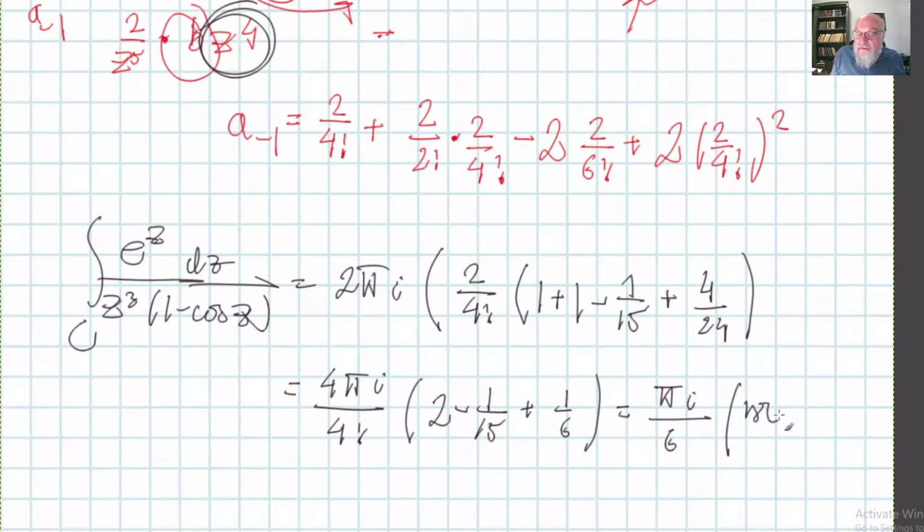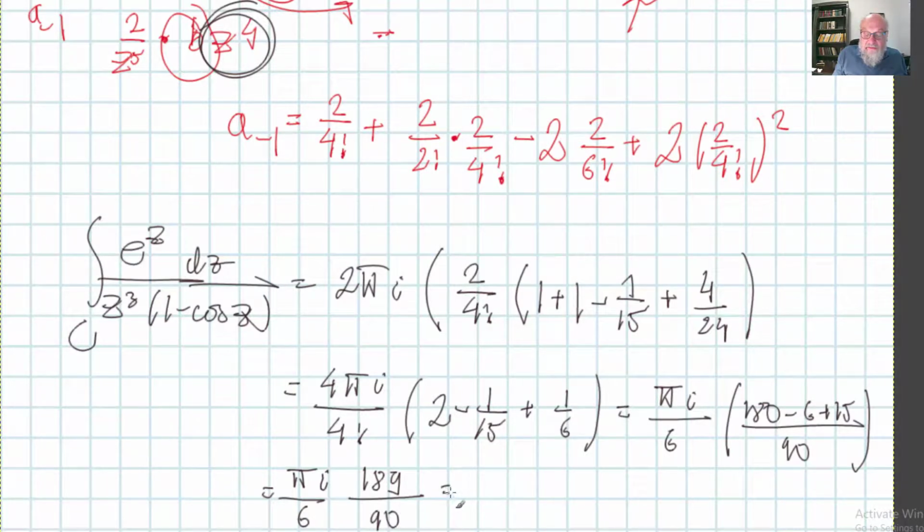This is minus 6 plus 15 equals pi I over 6 plus 9, so 189 divided by 6 times 90.